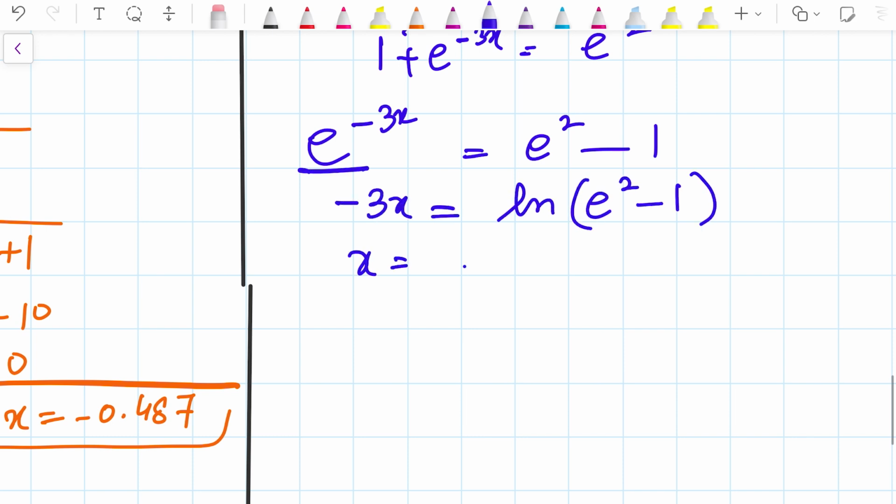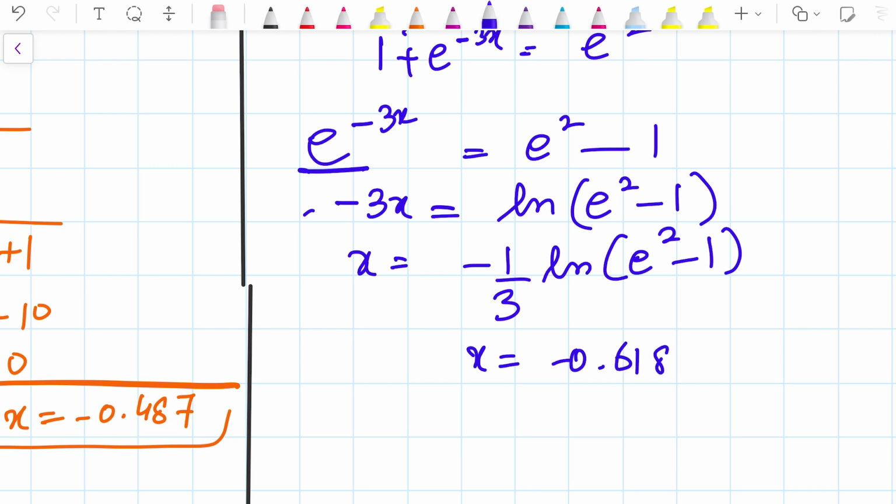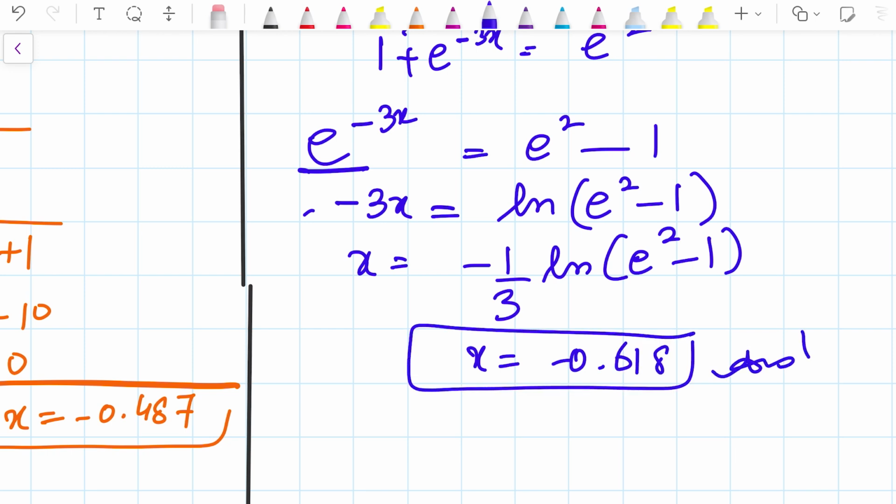Move minus 3 to the other side, this is what it becomes. If they were asking you for the exact answer, you would leave it here. But since they want the answer to 3 decimal places, I'll put it in the calculator. And this gives me ln of e square minus 1, bracket close, divided by minus 3, which is minus 0.618 as my answer.